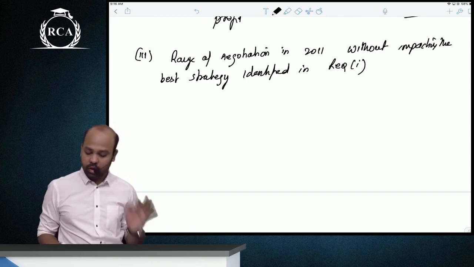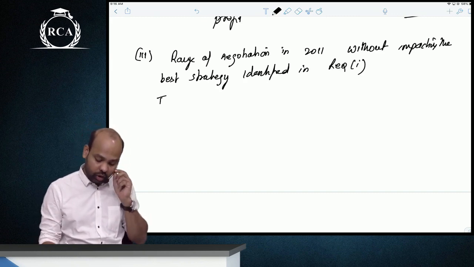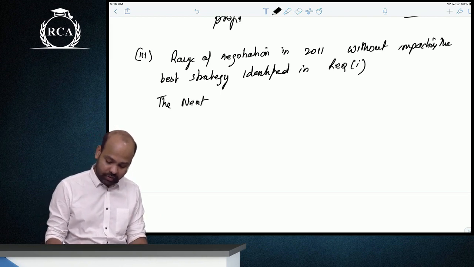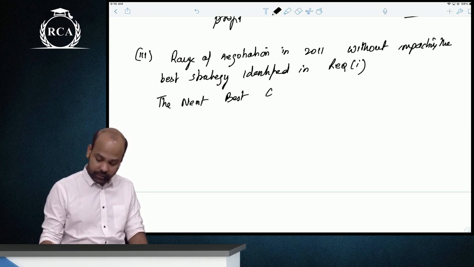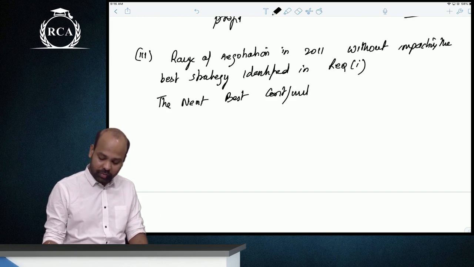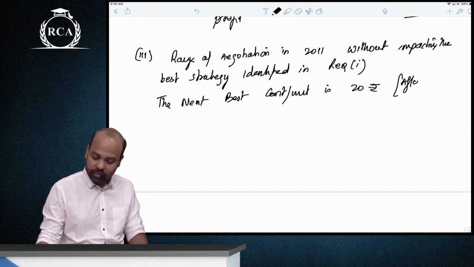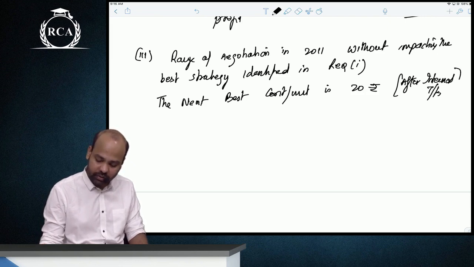Do not forget that the next best contribution per unit is 20 rupees. That is, after internal transfers, the next best contribution per unit is 20 rupees. Yes or no? Yes sir.